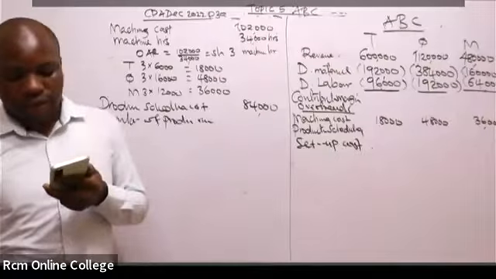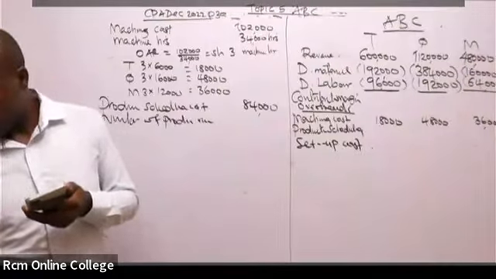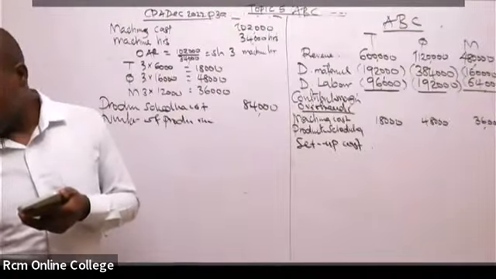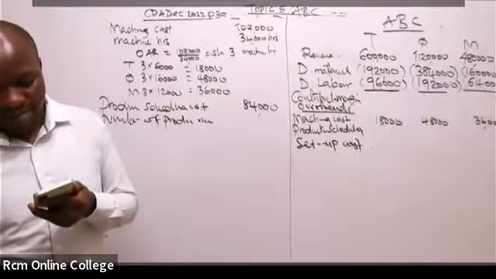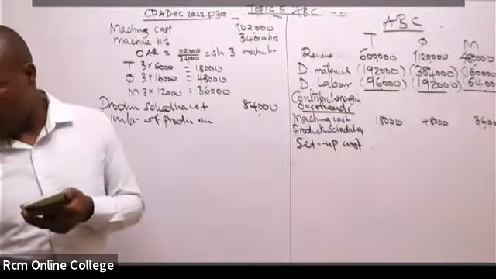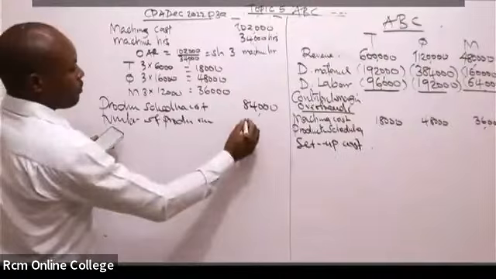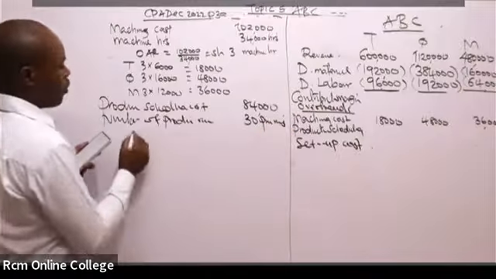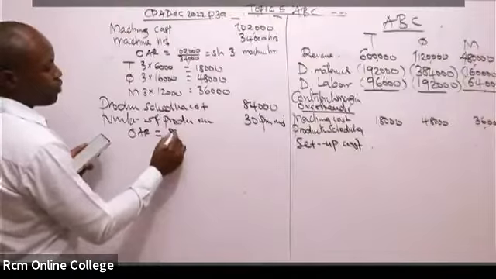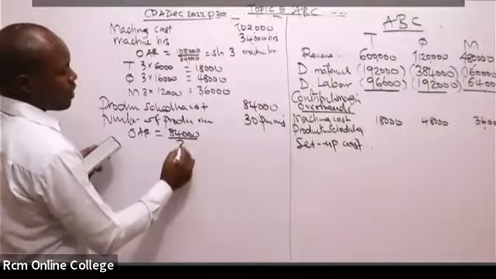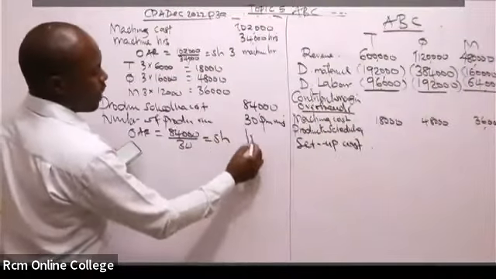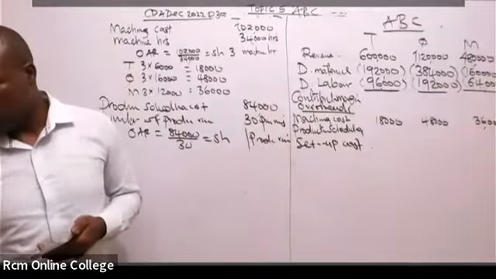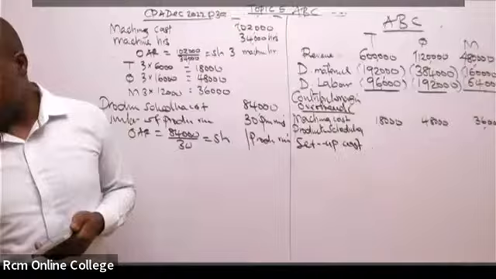What does that come to? That's 30, so we have 30 production runs. The overhead absorption rate is 84,000 divided by 30 shillings per production run.